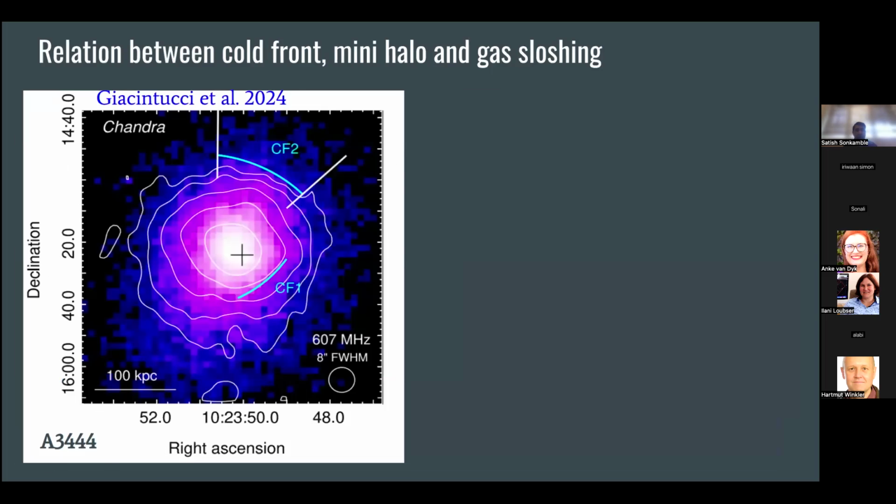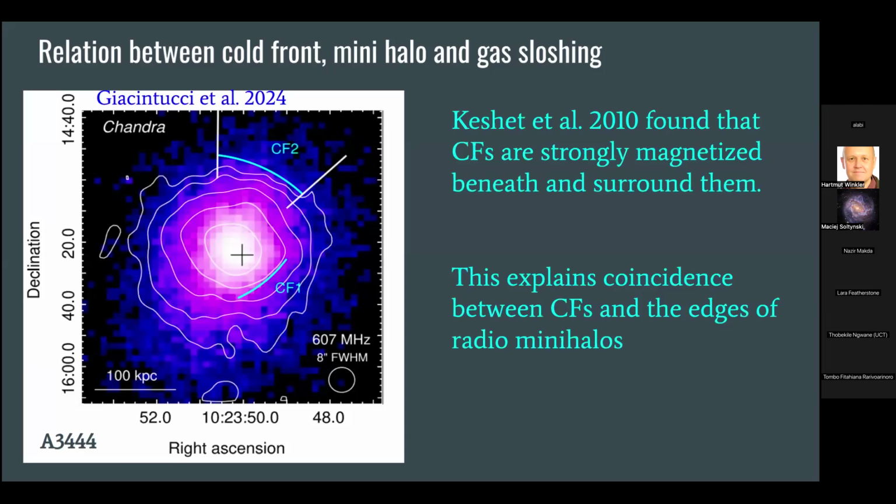One thing recently found is the relation between cold fronts, mini halos, and gas sloshing. It's a currently ongoing concept: at the edge of a mini halo we see the cold front, and it was found that cold fronts are strongly magnetized beneath and surrounding them.